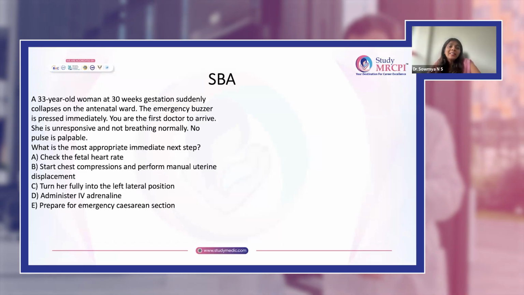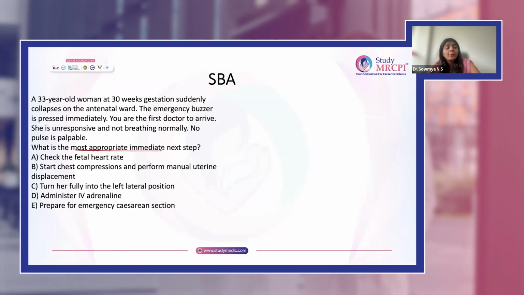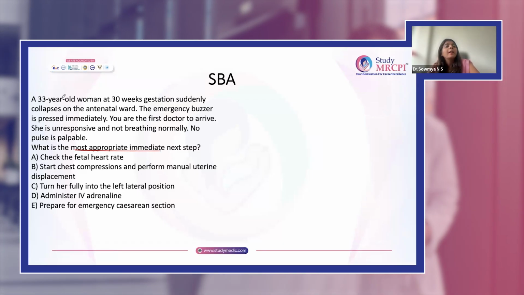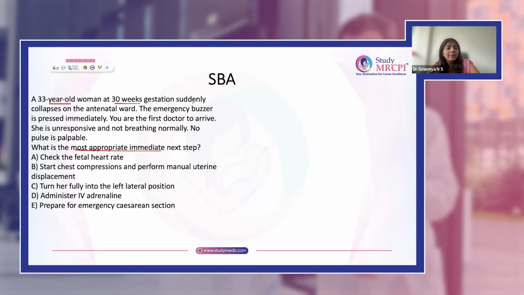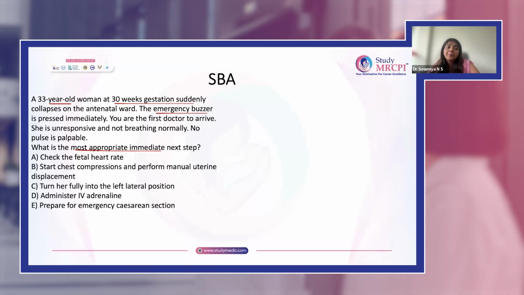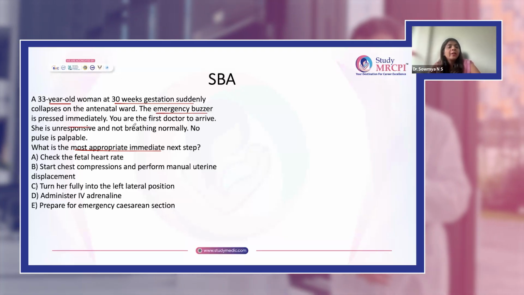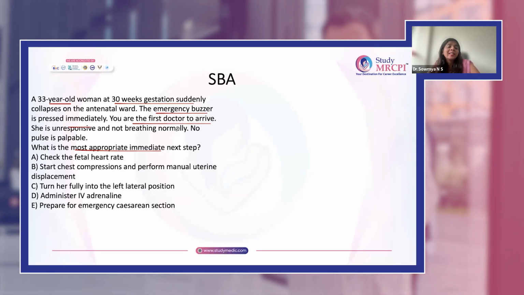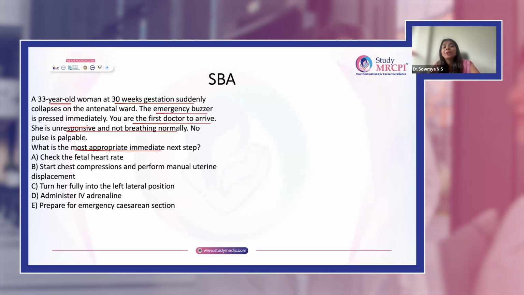Now let's see the question. What is the most appropriate immediate next step? A 33-year-old at 30 weeks suddenly collapses on the antenatal ward. The emergency buzzer is pressed immediately, so help is called. You are the first doctor to arrive. She is unresponsive and not breathing normally.